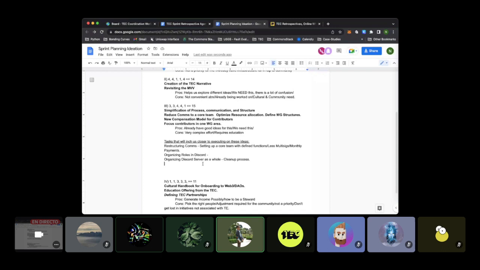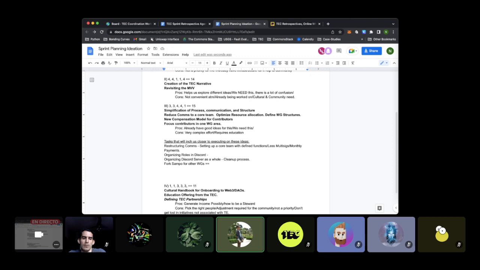As far as comms, one thing that I believe they could do is fork Sample, because I think Sample has good documentation as far as the structure and setting up roles for their core team moving on. Other stuff we could do is research for payments: we can have a look at how other communities compensate people to move away from bounties.